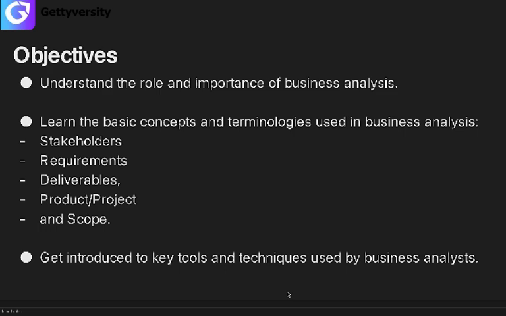To put this in a simple way, when I gave the illustration of the restaurant owner trying to improve his business, we can identify that customer as a stakeholder, right? So what are the needs of this customer?